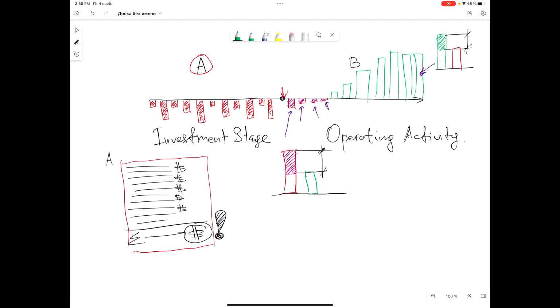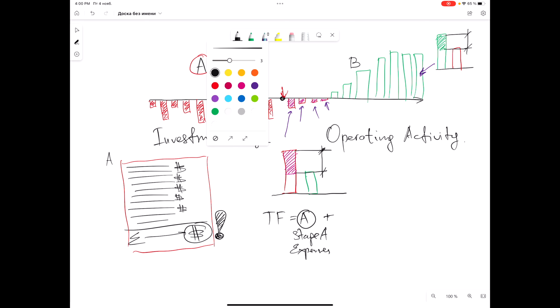So if we go back to the amount of financing that you need to start the business, the total financing is a total of all the expenses that you have on stage A plus all these operating losses.